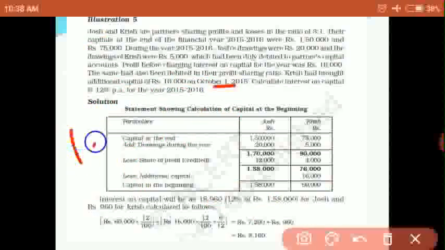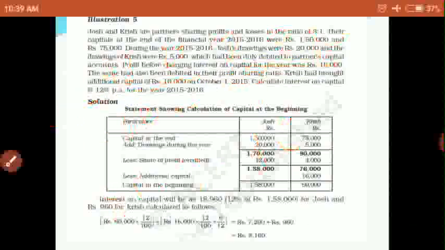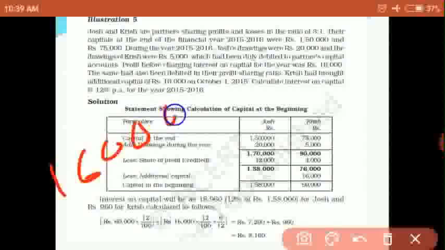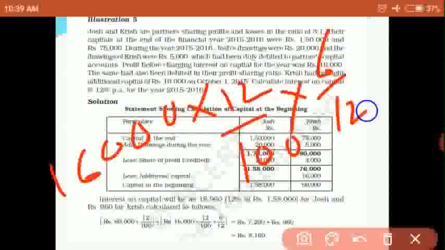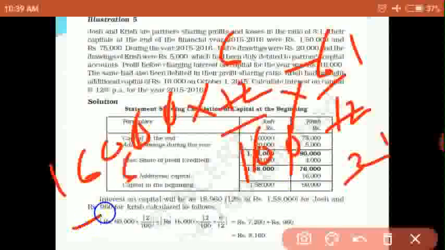Let's see: 1/10/2015 to 31st March 2016. October, November, December, January, February, March: 1, 2, 3, 4, 5, 6 months. So 16,000 is the additional capital into 12% rate into 6 by 12, since 6 months outstanding, which gives 960 rupees.